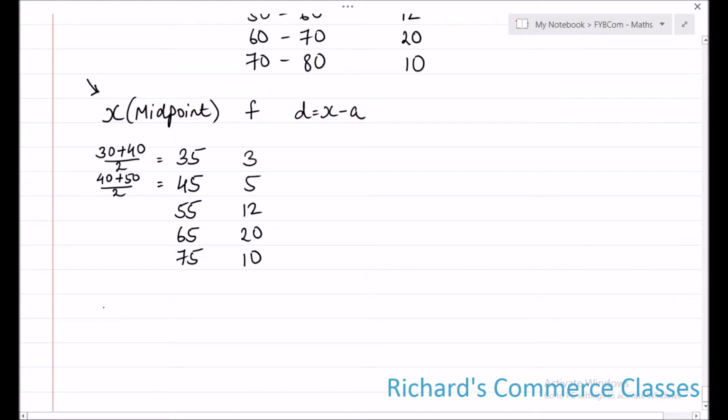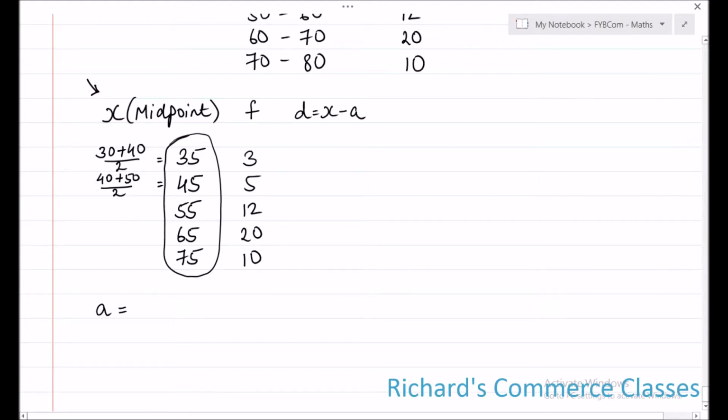Now a, which is our assumed mean, can be any number of your choice from the x column. Any number. The formula is designed in such a way that you take any number from this x column, that is 35, 45, 55, 65 and 75. The answer will be the same.